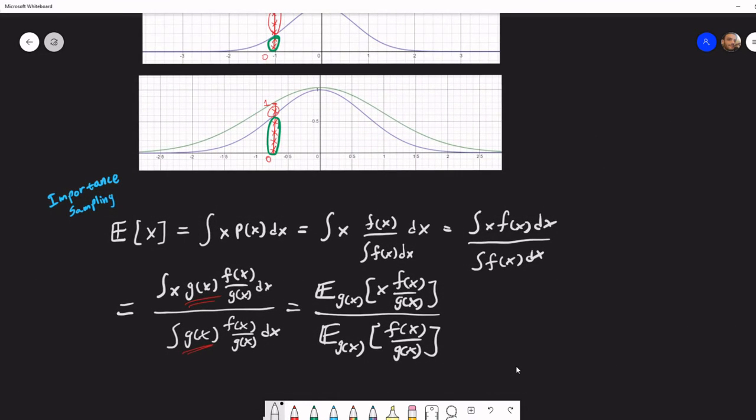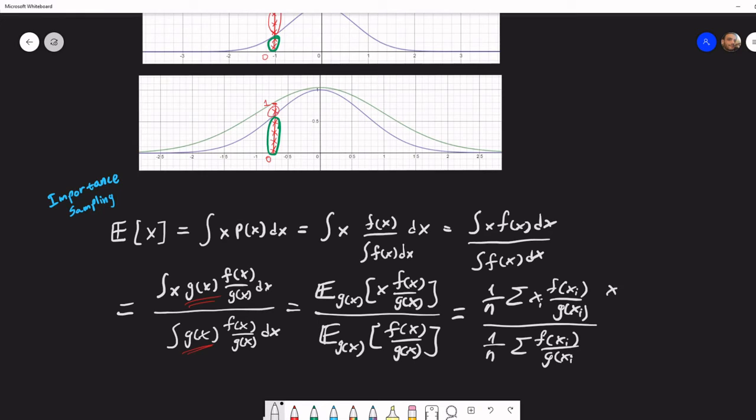And we can estimate this by the sample average, when our xi's are drawn from g of x. And these two cancel out.